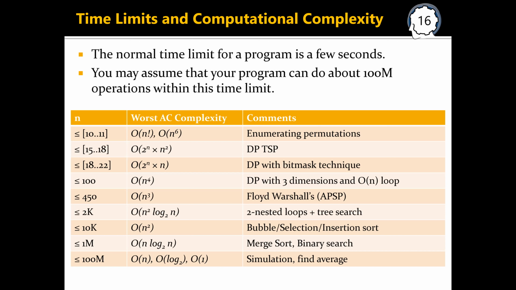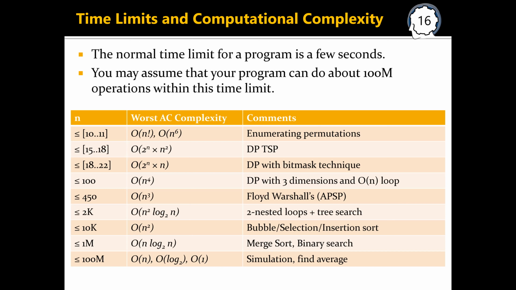Then we can see just by looking at the dimensions. Assuming that we have an algorithm with a complexity in one variable, so usually there is a main variable: if n is like 10, 11, then we can use an n factorial solution. For example, we can try every permutation of something, which is order n factorial. Even a relatively low polynomial can only handle instances of that size.